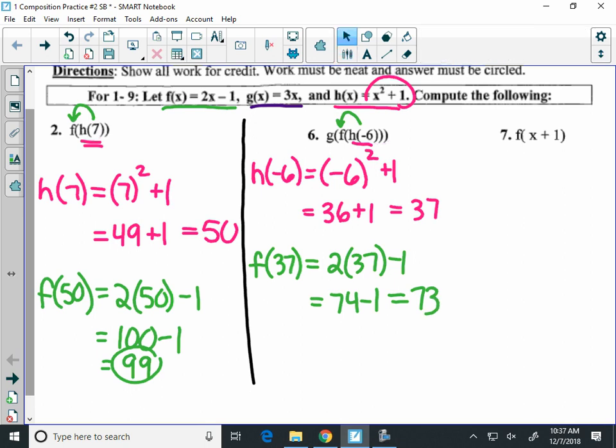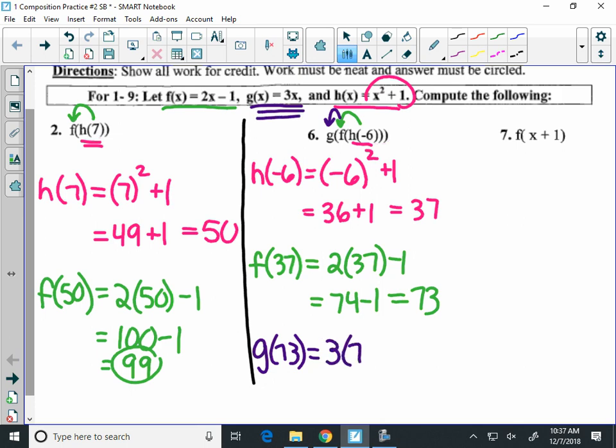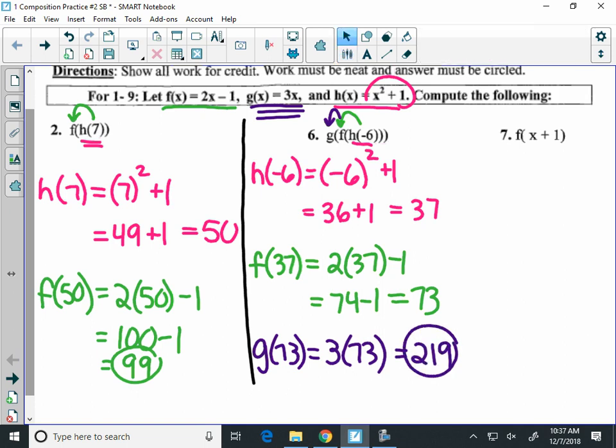But we're still not done. We have to take that 73 and put it into the last function of g. So you need to find g of 73 here, which when I look at g is just 3 times 73, which is 219. That is your final answer.